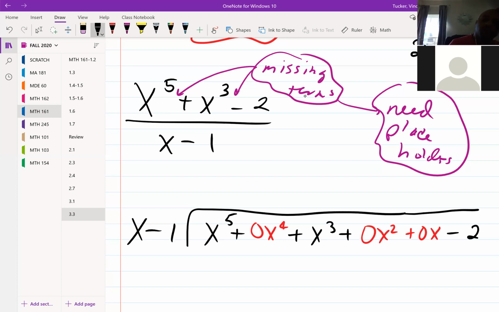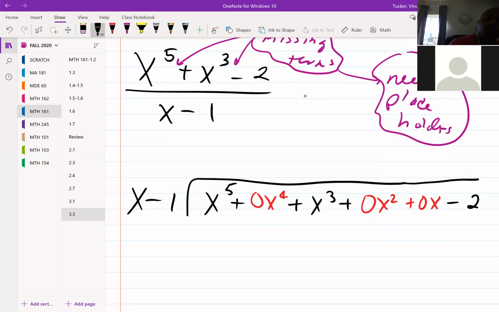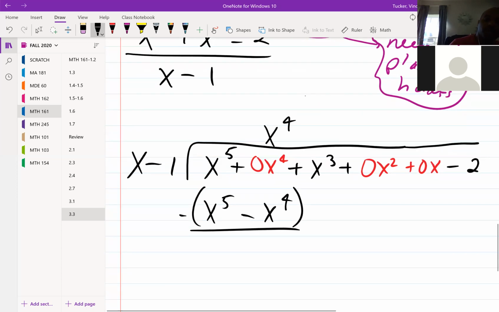So you say what times x will give me x to the 5th, and that will be x to the 4th. x to the 4th times x is going to be x to the 5th. Then times negative 1 is negative x to the 4th. So we'll subtract that, distribute the negative.